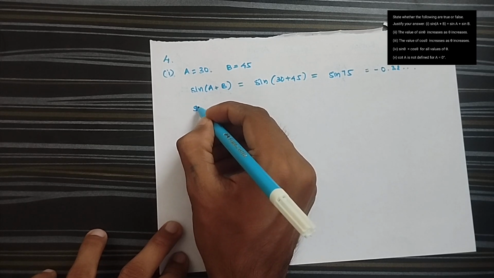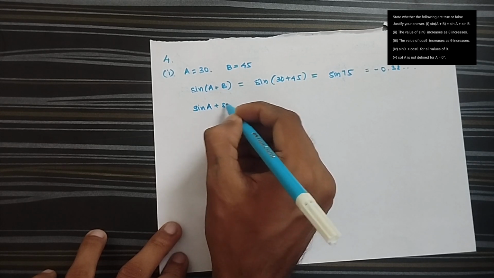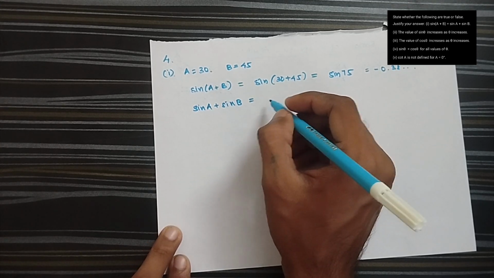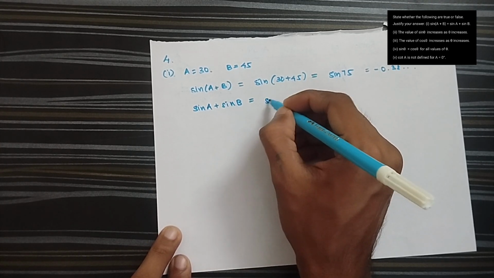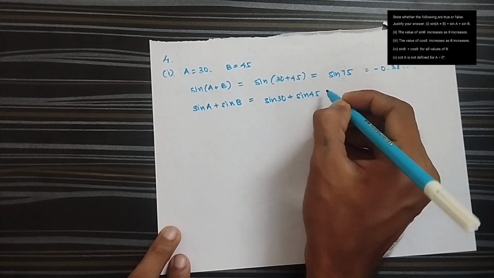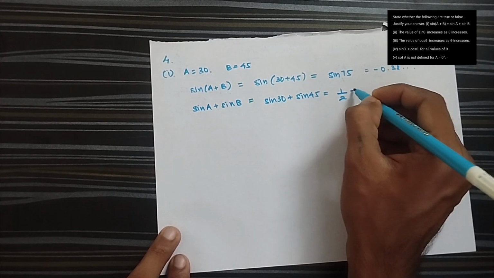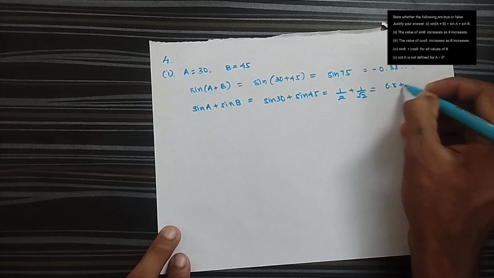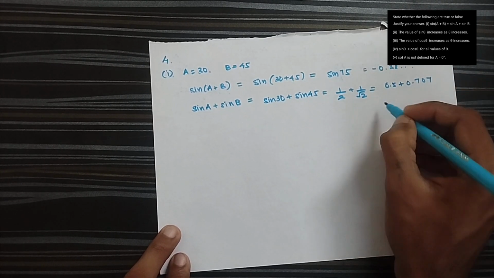And we have RHS is sine a plus sine b. We have to prove whether these two are aligning properly. So sine 30 plus sine 45 would be 1 by 2 plus 1 by root 2. This would be 0.5 plus 0.707.